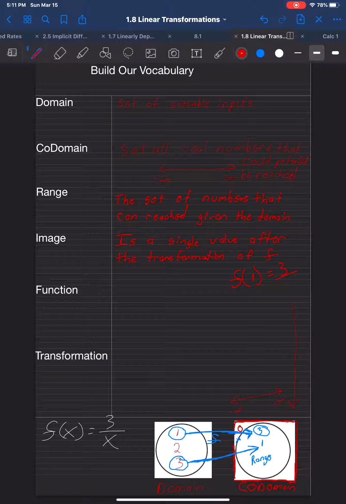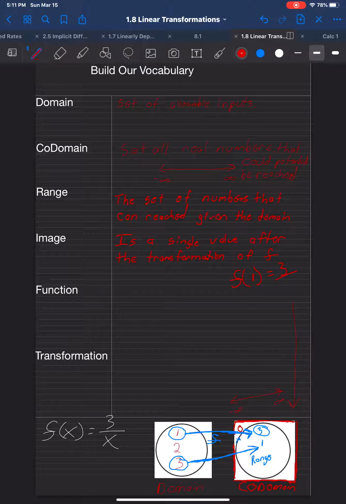So if you don't quite grasp what I mean by domain, codomain, range, image, you're going to have to either back up a little bit and rewatch it, or reference your book or some other resource. But you want to have a good grasp of this vocabulary, because here in a second we're going to talk about, instead of f of x, matrix transformations. And so I need you to have a good grasp of this vocabulary to understand that lesson.